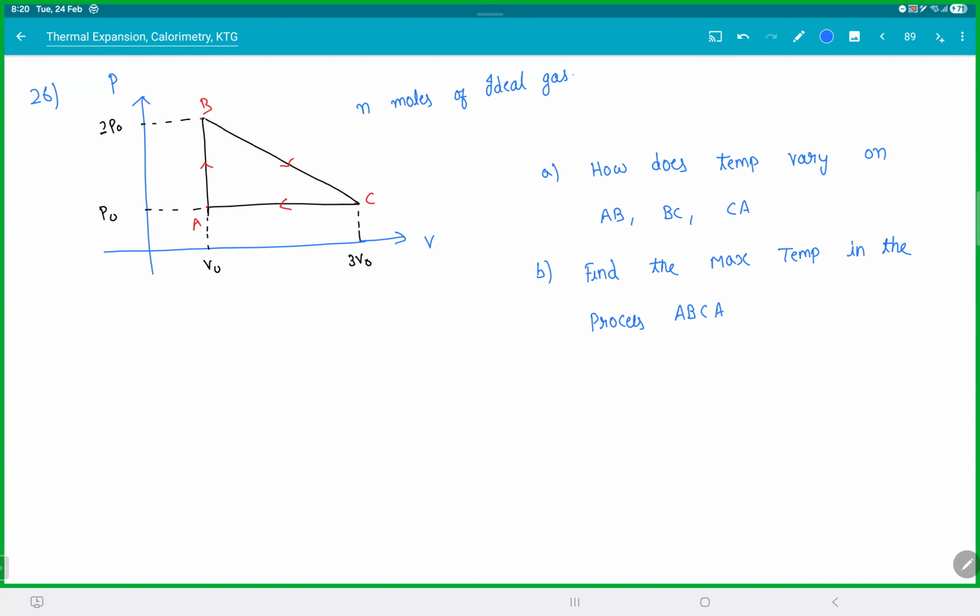Nee, Param, your B part is wrong. Samyak, you're going from C to A, not A to C. Get me the other one, A, B, and B, C also.